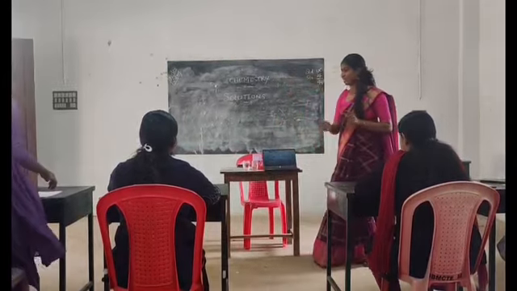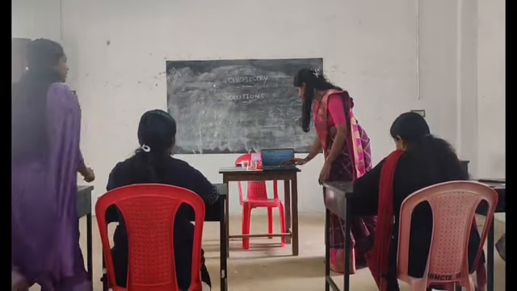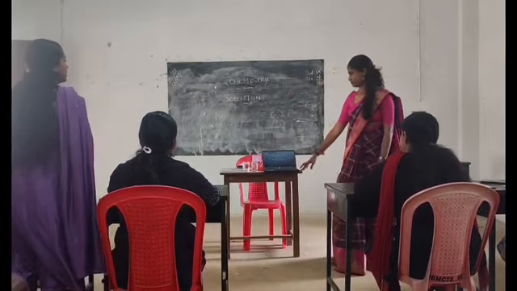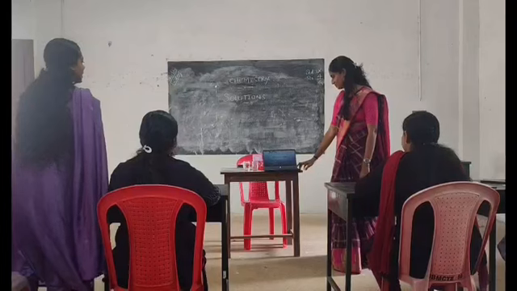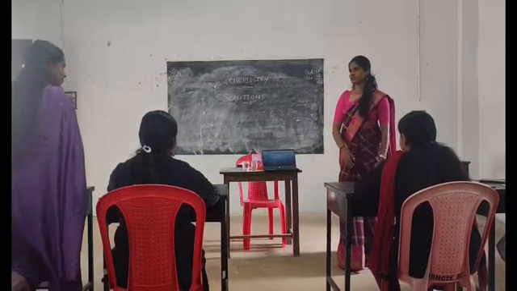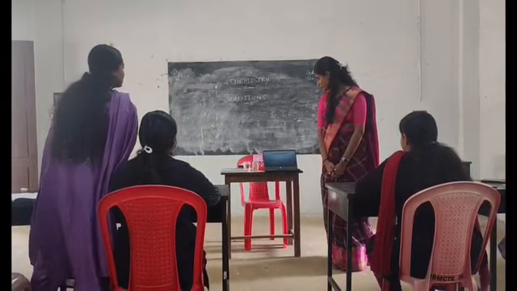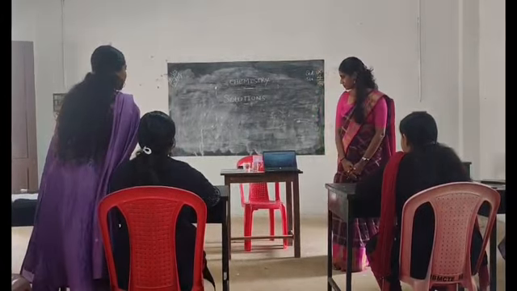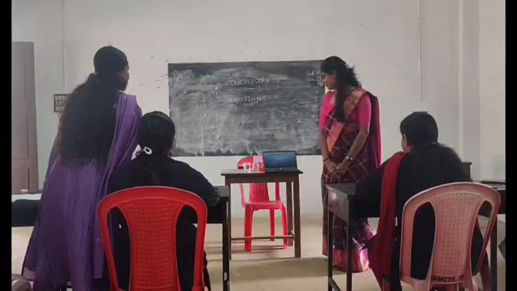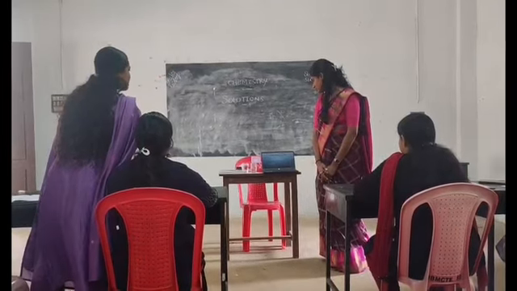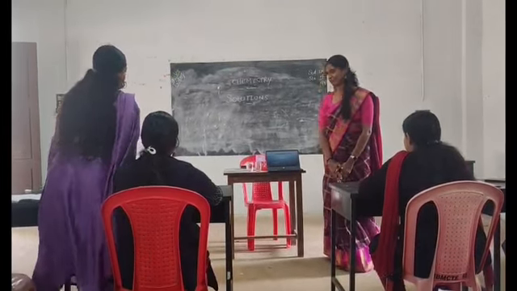Stand up and bring it down. Types of solution. One saturated solution, second is unsaturated solution. Saturated solution. A solution is obtained by dissolving the maximum amount of solution at a given temperature.